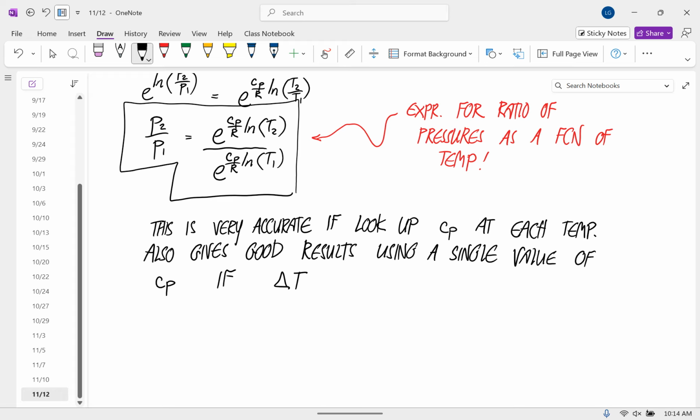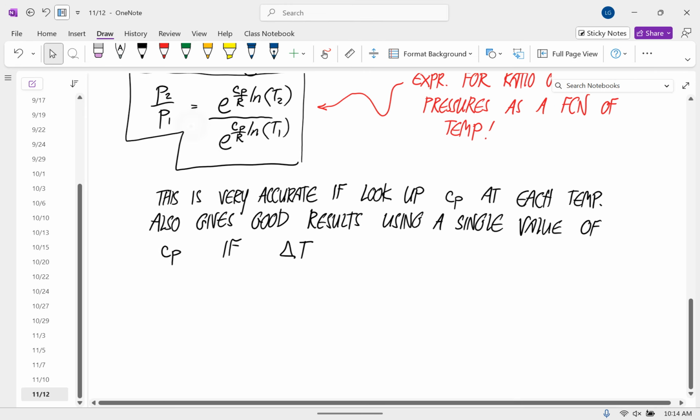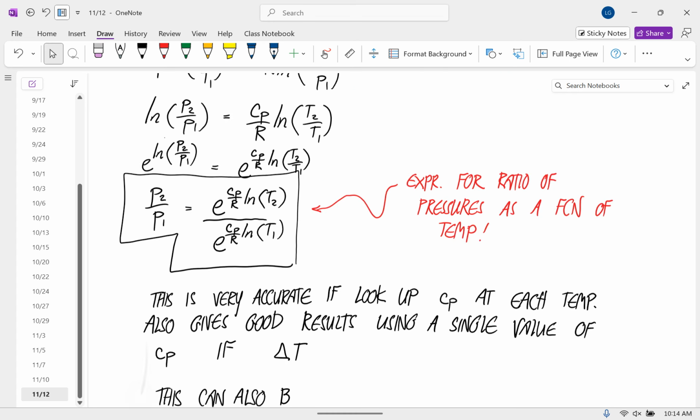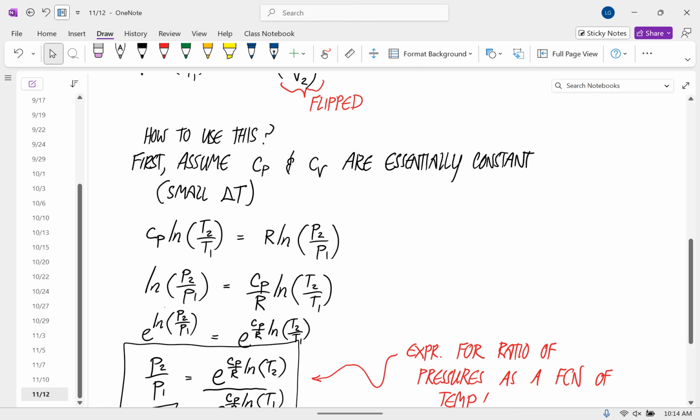Last time I told you about a way that you can go to ideal gas tables for a material and look up those S super zero values. So this can also be written. So let's cross this out here. I shouldn't have written this here.